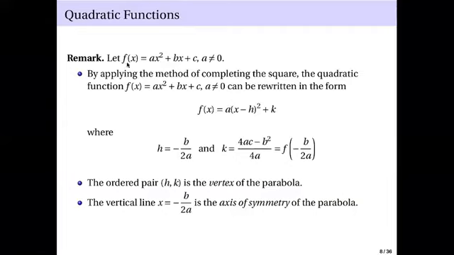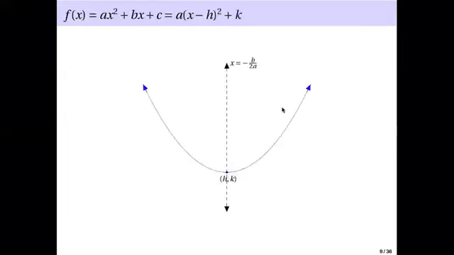Therefore, f of x equals ax squared plus bx plus c can be rewritten as f of x equals a times x minus h squared plus k. That ordered pair h comma k is the vertex. And the vertical line x equals negative b over 2a is the axis of symmetry of the parabola. So here is some parabola. This is the vertex, and you have the axis of symmetry.